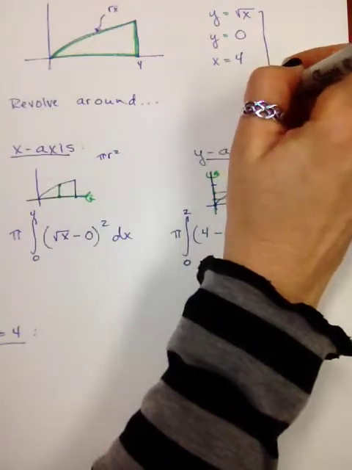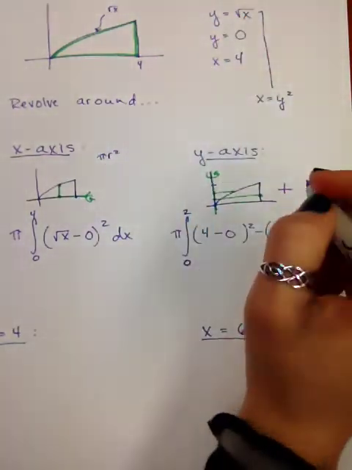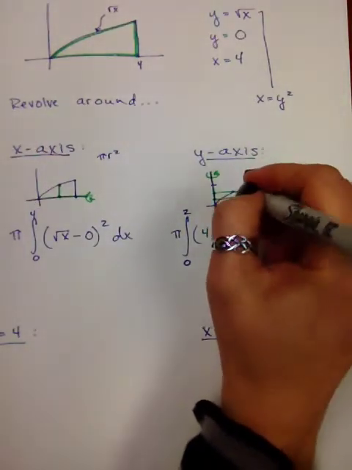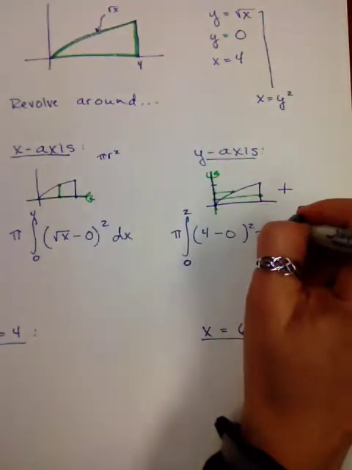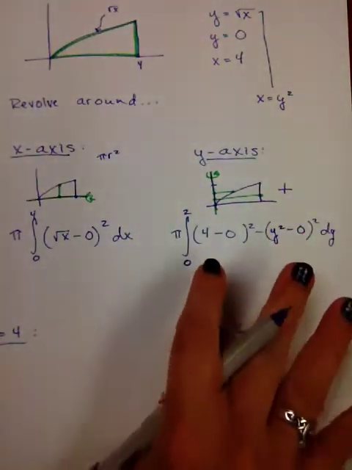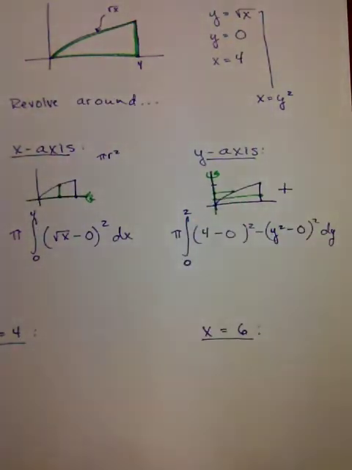So x equals y squared. It's the same exact equation, just with respect to a different variable. I want y's. So the right-hand side is my y squared. The left-hand side is 0.